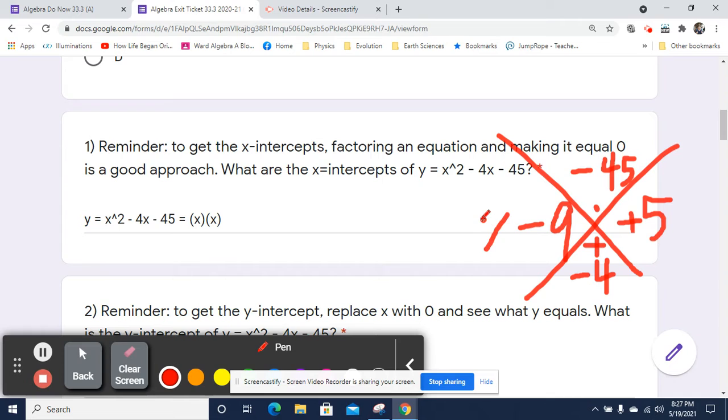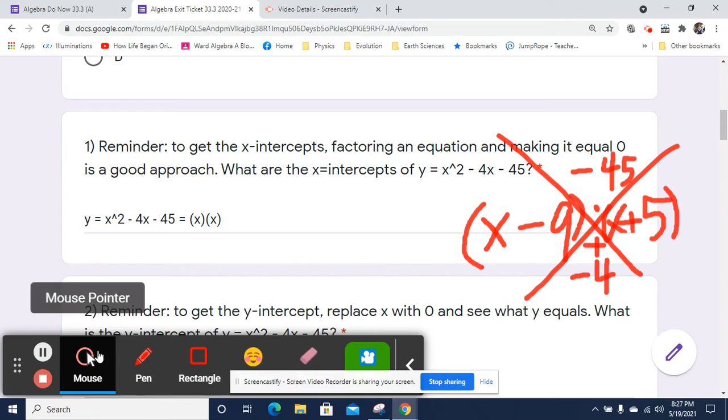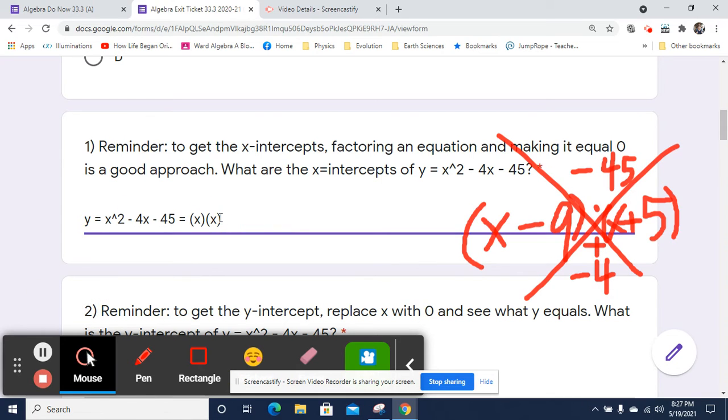So x minus 9 and x plus 5. Doing this last bit doesn't quite work if the lead coefficient wasn't 1, but it works when it is.